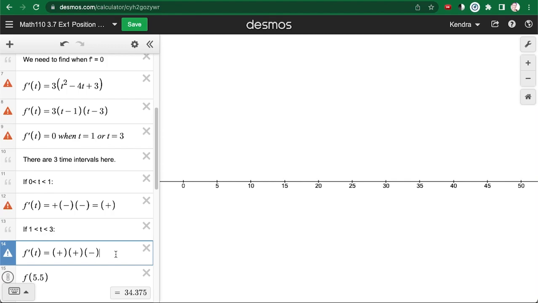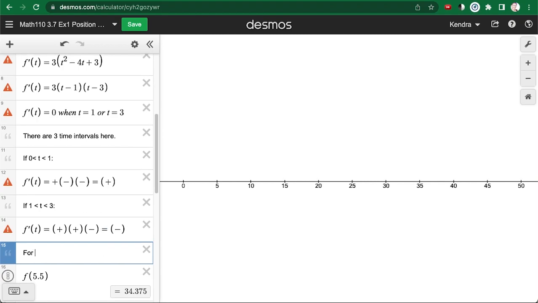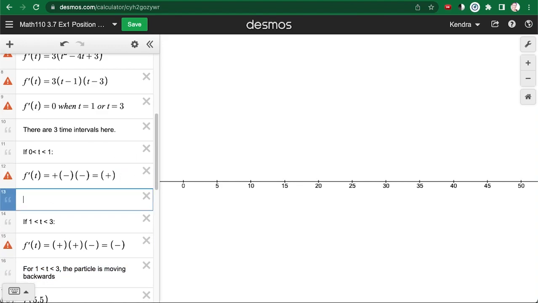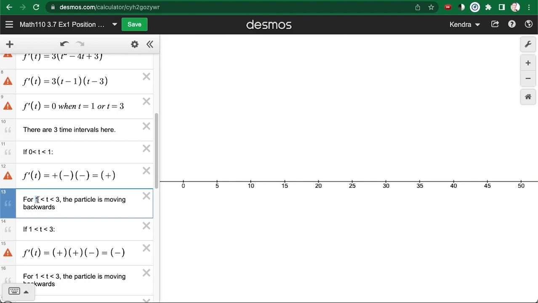So in that case, that would be a negative number. Okay, so for t between 1 and 3, the particle is moving backwards. And I should put that up here. For t between 0 and 1, the particle is moving forwards.